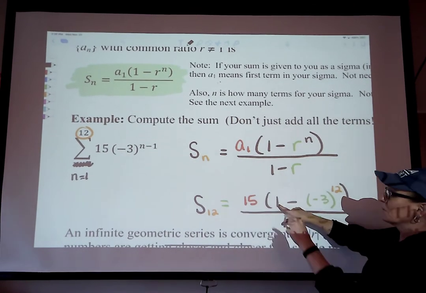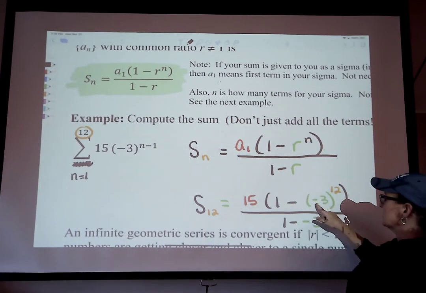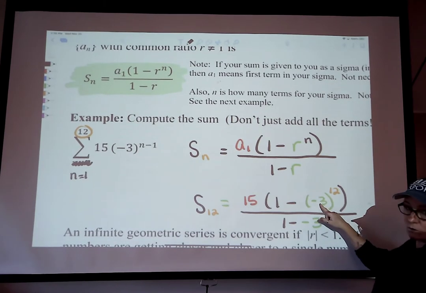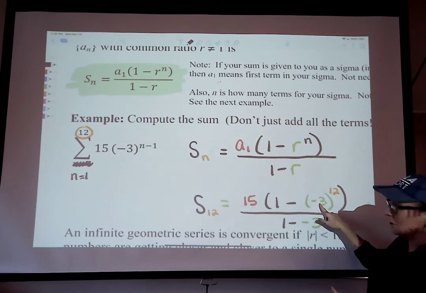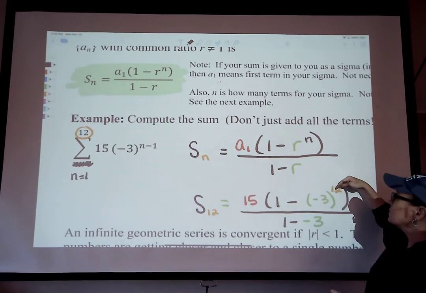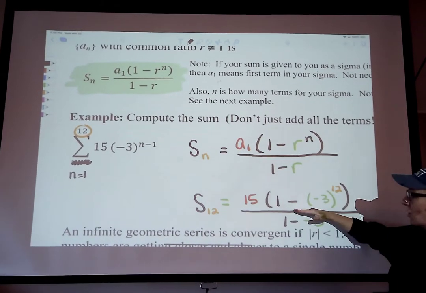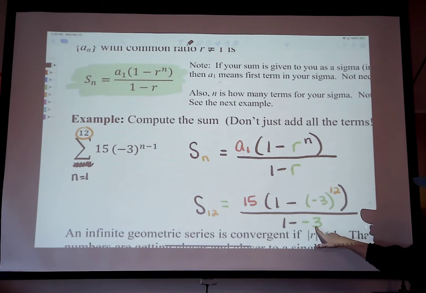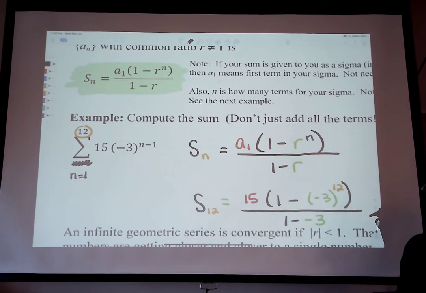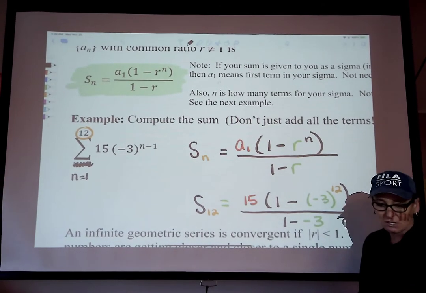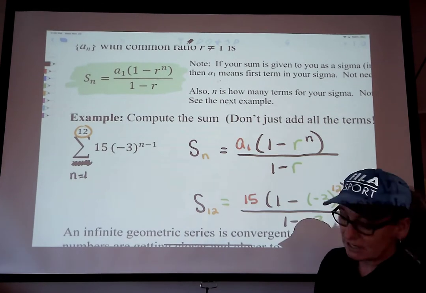We're following the formula. 1 minus R. Ooh, R is negative. Careful. Put R in parentheses, to the n power, over 1 minus R. Be careful with your calculator. You have to know how to use it correctly. You have to know how to use parentheses.